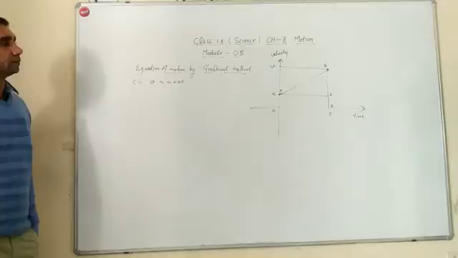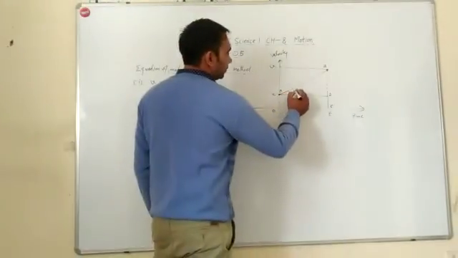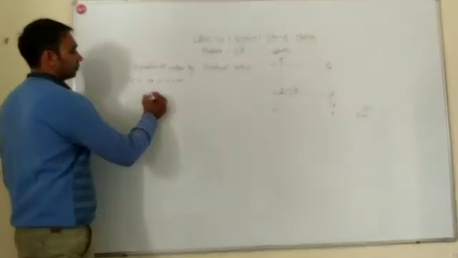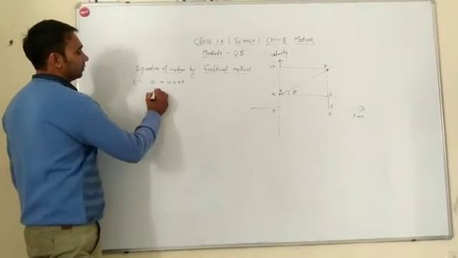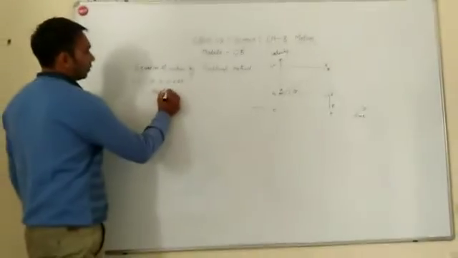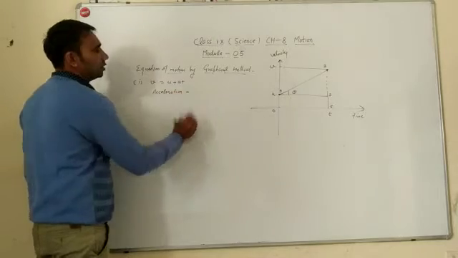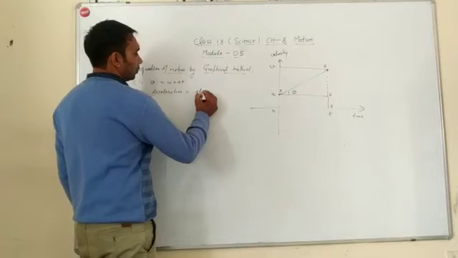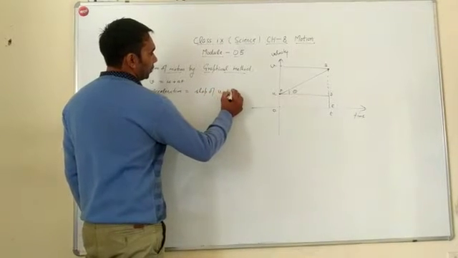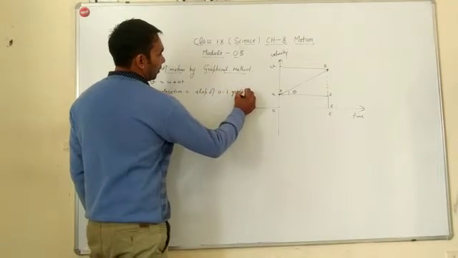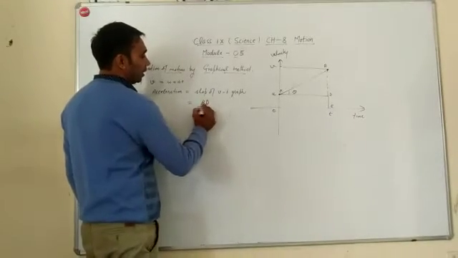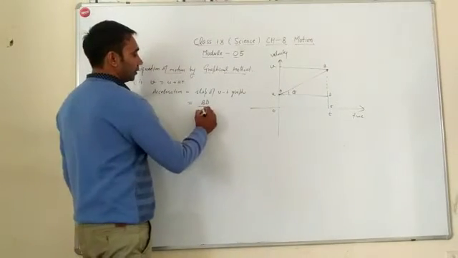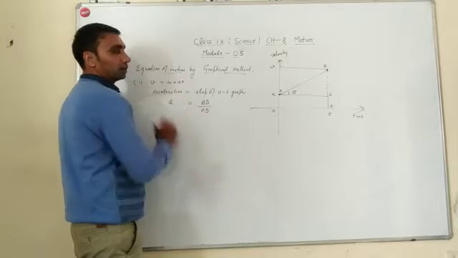Acceleration of an object is equal to the slope of the velocity time graph. Slope of this velocity time graph is BD divided by AD, that is equal to acceleration.